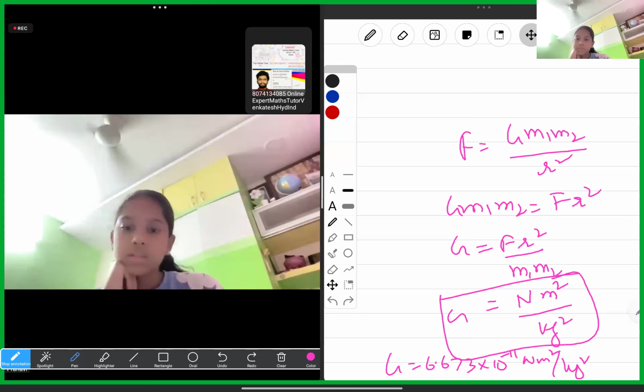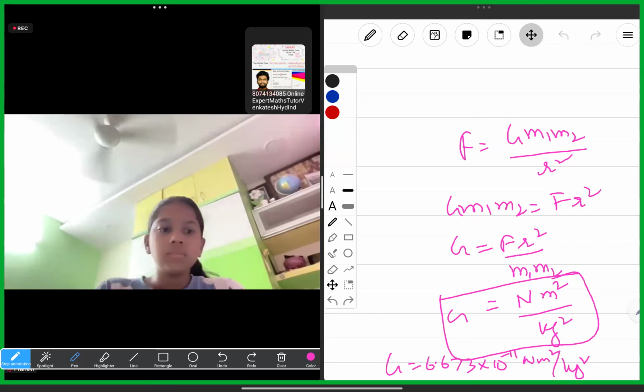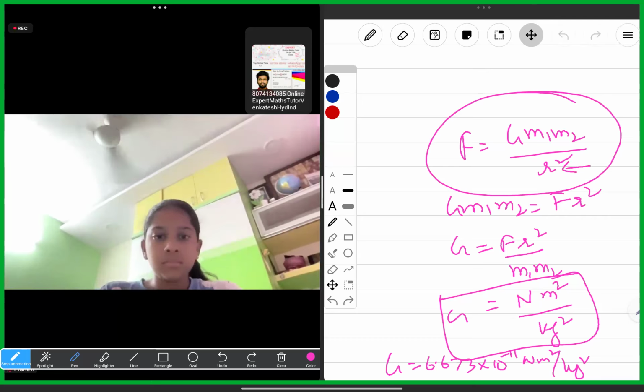Yes, sir. So now Pranavi, this force acts along the line joining the centers of the masses. Now in this formula, r is not radius, it is only the distance between the two bodies, measured from center to center.